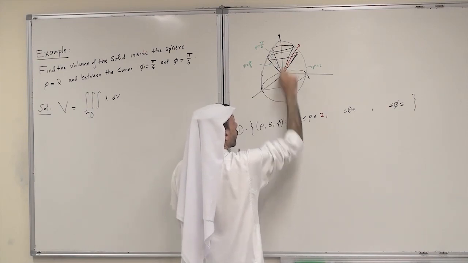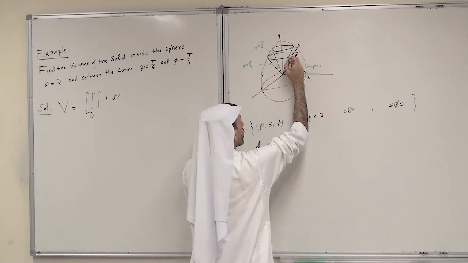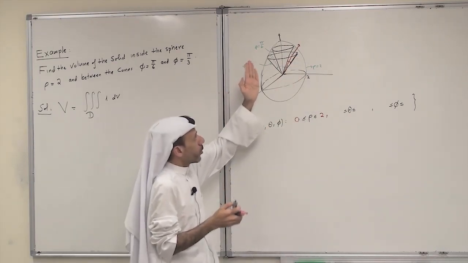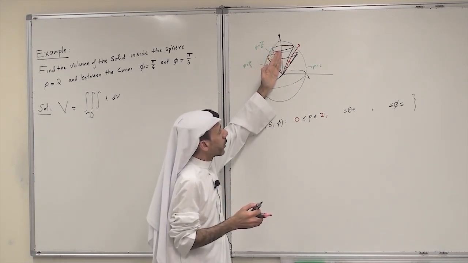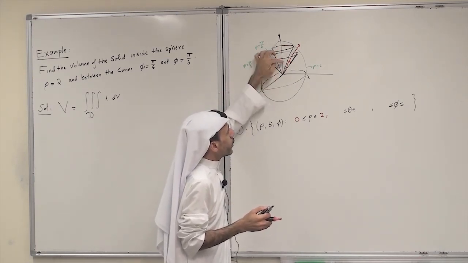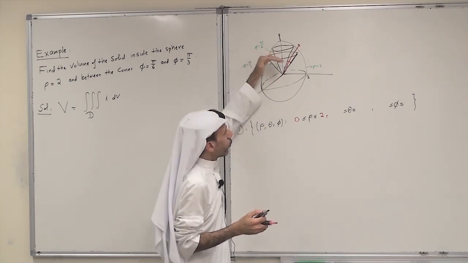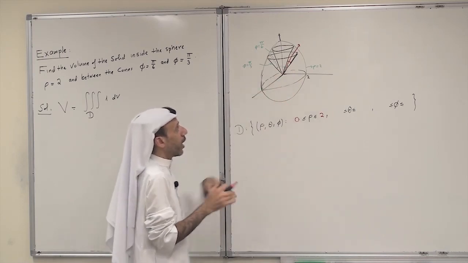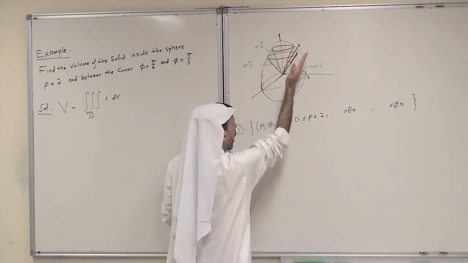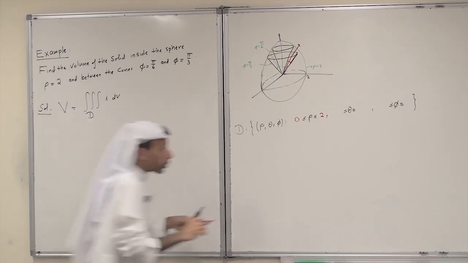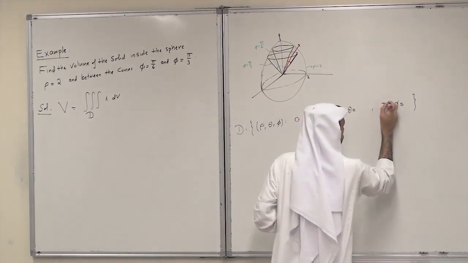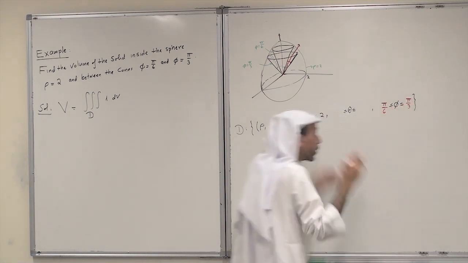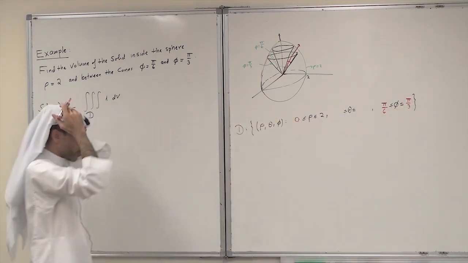But starting with pi over 6, I will be in the solid. If you continue, you will leave at pi over 3. So the possible values of phi are pi over 6 to pi over 3. These are the possible angles of phi inside the solid.